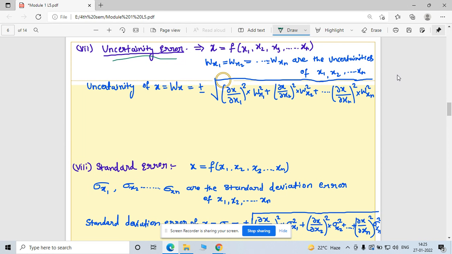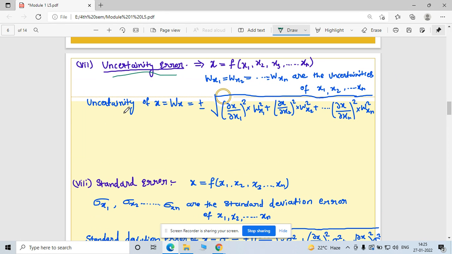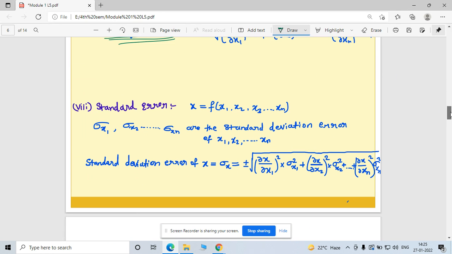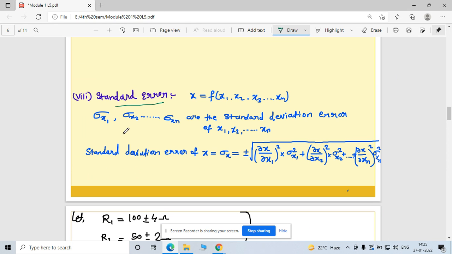This is already given in your questions; you just need to use that formula and solve it. Similarly for standard error, if the reading is a function of x, the overall error is found from the standard errors of each term: sigma x1 for x1, sigma x2 for x2, up to sigma xn, which are the standard deviation errors of the respective readings. Put all these values in the equation and you will get the standard deviation error.